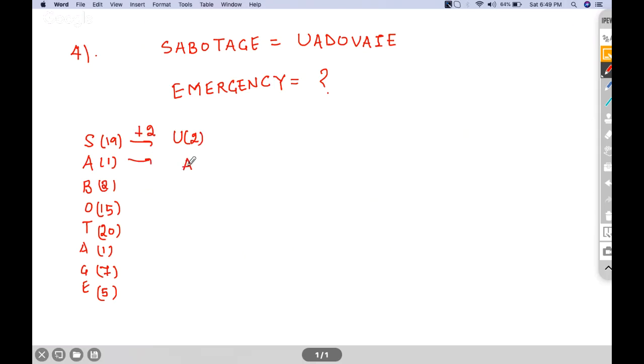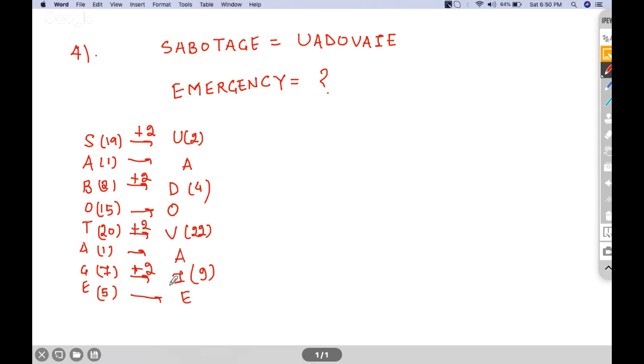Then A remains the same, no change. Then B is plus 2, so D. Then O remains O, no change. Then T is becoming V, 22, so plus 2 here. Then A again remains the same. Then G is 7, so I is 9, again plus 2, and E remains the same. It means that starting from the first letter, alternate letters will be increased by plus 2.